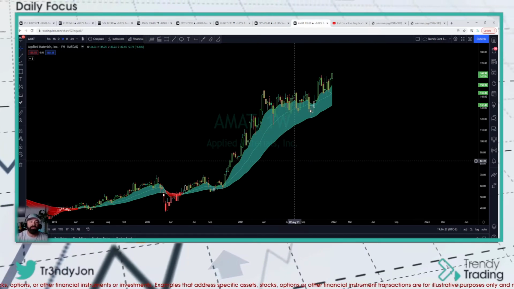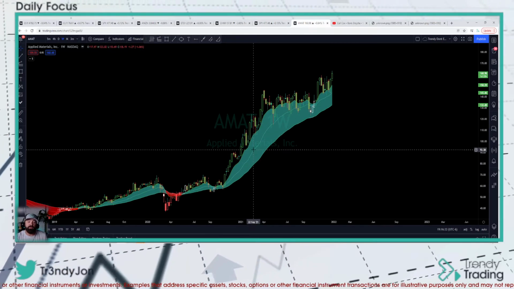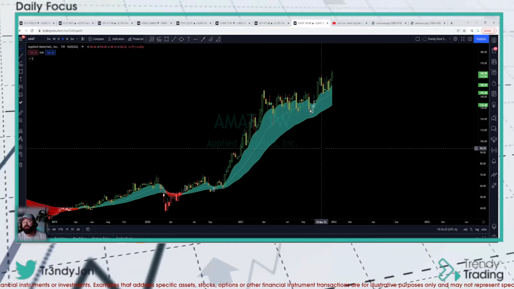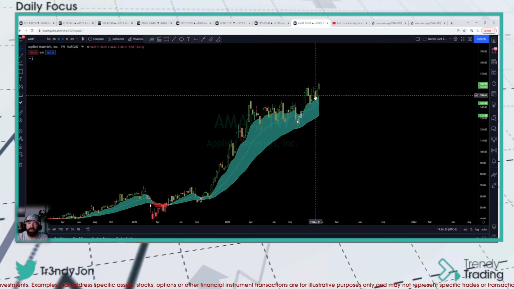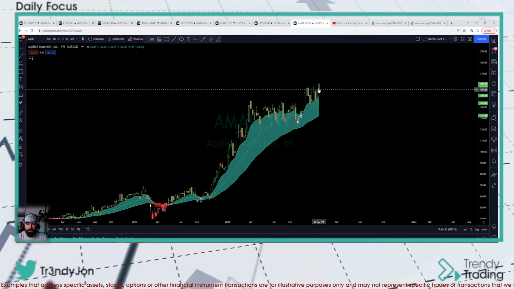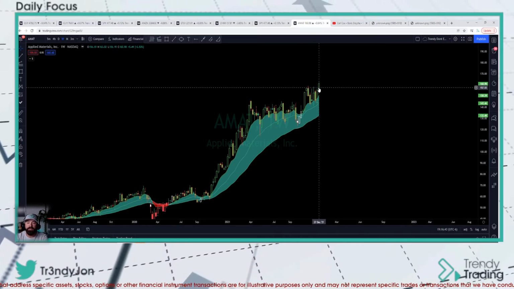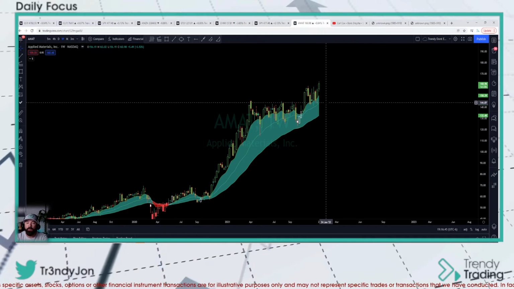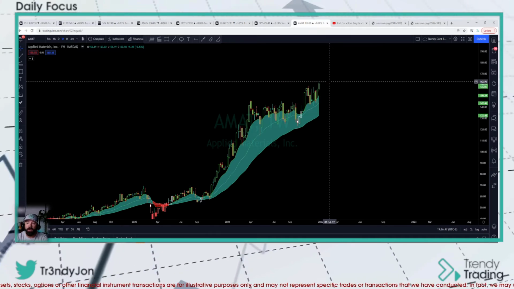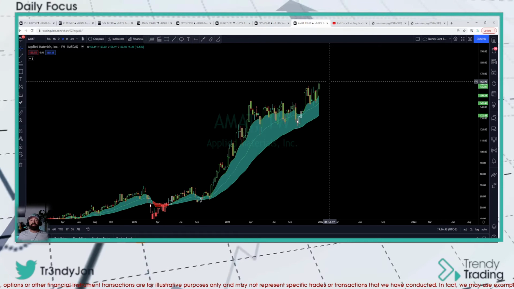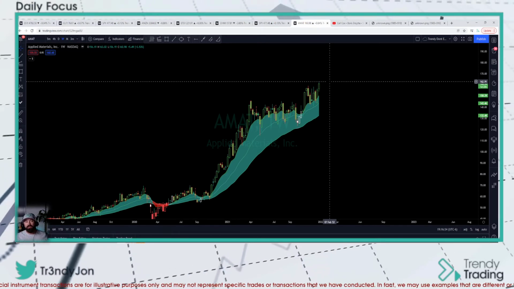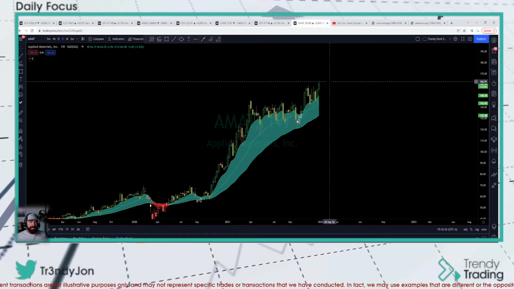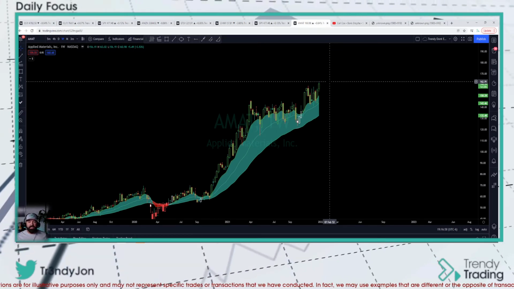So we know this thing, if it can get going, can run about $25 over a 3 to 4 week period. Now notice that right now on the current move, we have 2 weeks going, and we have moved 144 up to about 162. So almost 20 bucks, and we know about $25 is its standard deviation move.